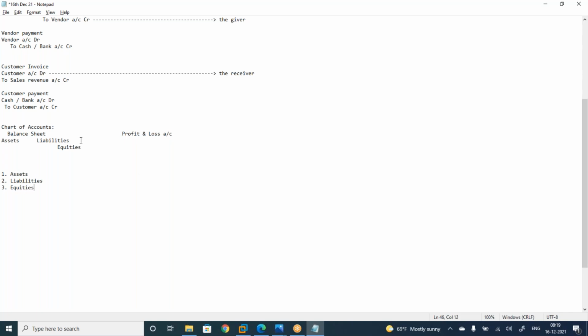As per commerce, only assets and liabilities. Always assets are positive balances. This is also called debtors. Majority of the time it is a positive amount. Liabilities are shown as minus. It is called creditors. Equities, as I told you, is not separate as per commerce, but it is a subset of liability. This is also creditors.